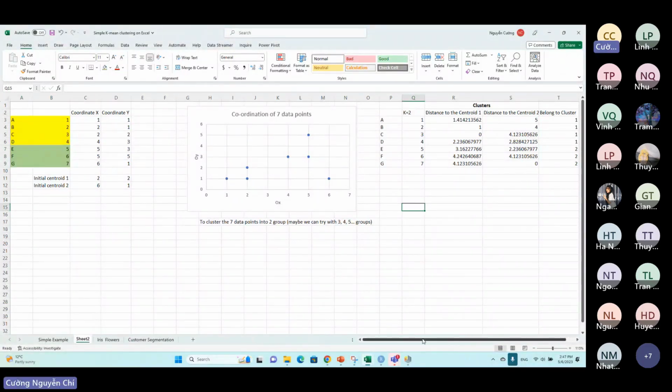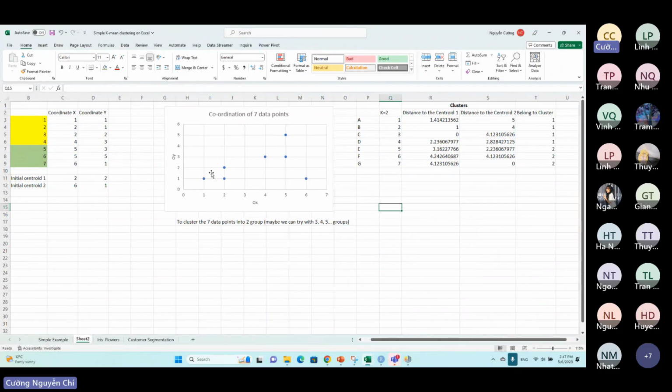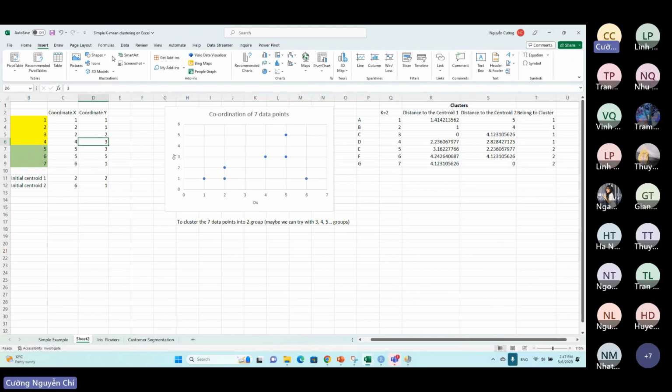So 1, 2, 3 belong to the first one, and the fourth, D, at (4, 3), should belong to the first group too.